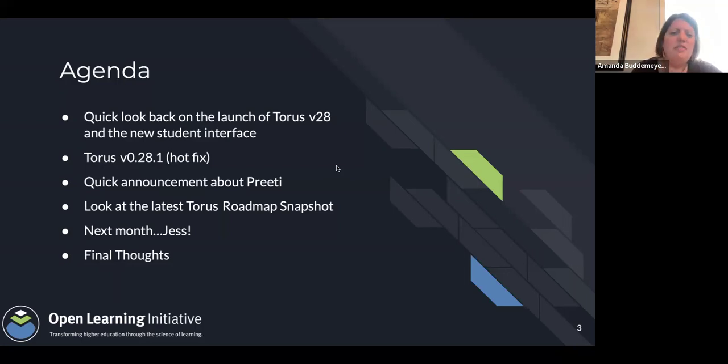If you're not familiar with the term hotfix, it's an unscheduled release that is usually meant to handle some larger bugs that we don't want to wait until the next scheduled release. For Torus, we have 4 scheduled releases a year, of which the Torus version 28 release was one of those 4 that happened on Monday. But as I'll explain, we had some excitement after that release, and some things that we weren't able to wait on and had to fix as soon as possible.